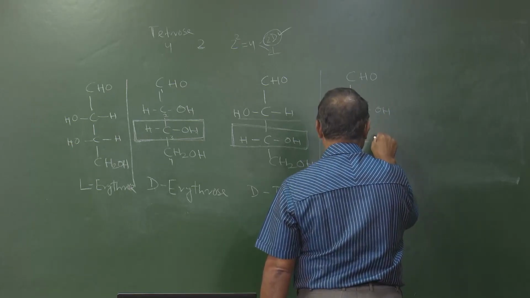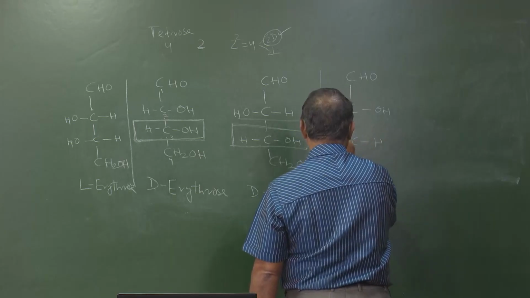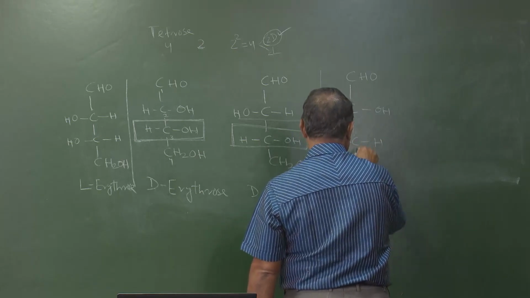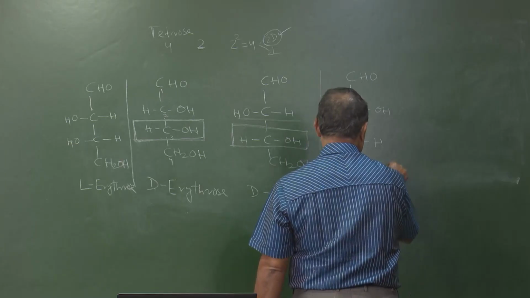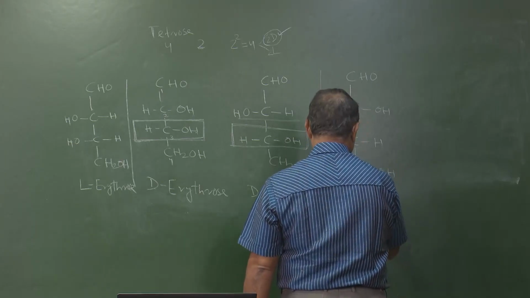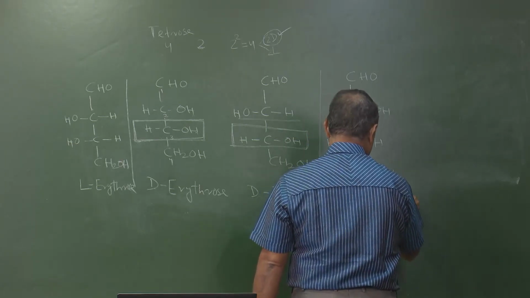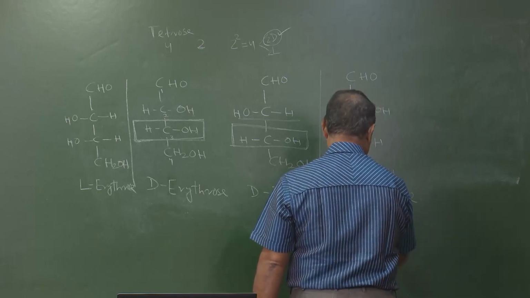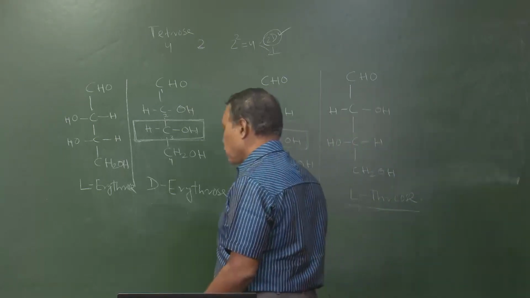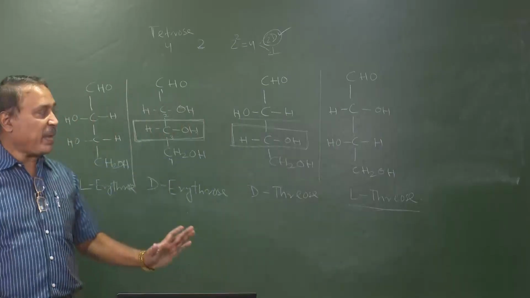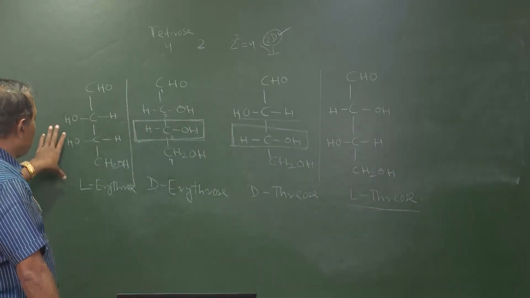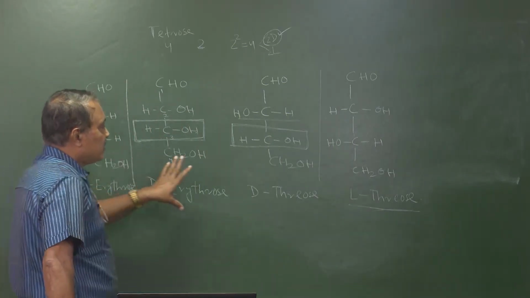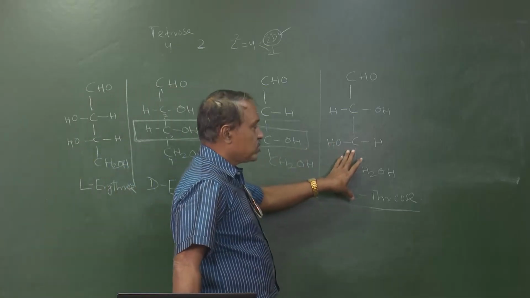Here it will be the H, and here it will be the OH, CH2OH. This is your L threose. So they are pairs. This is your L erythrose and this is your L threose.